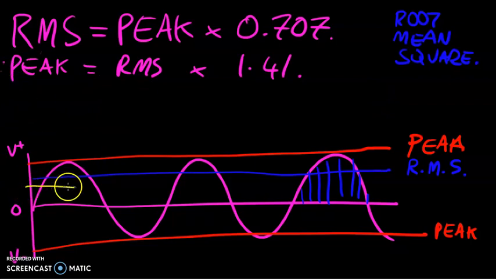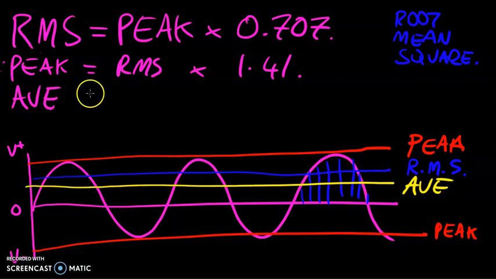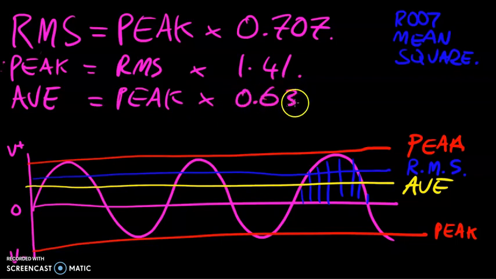Now, the average voltage is actually a little bit less than the RMS. Average is equal to peak times 0.637. And then I think that the opposite is 1.1, that RMS is average times 1.1, which is sometimes known as the form factor, but I doubt that will come up in the exam.